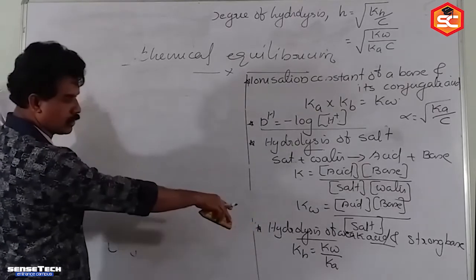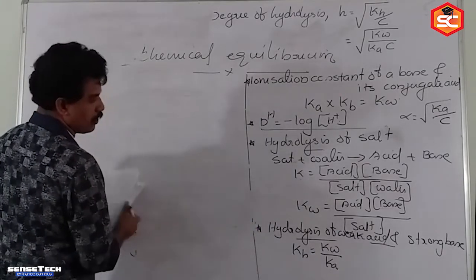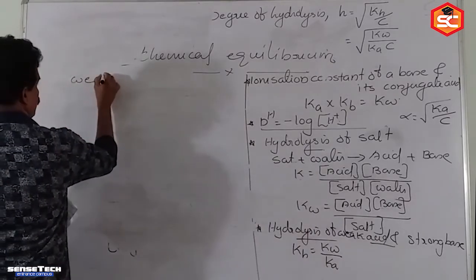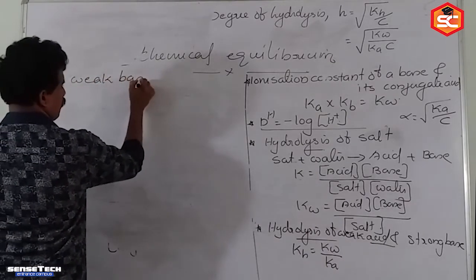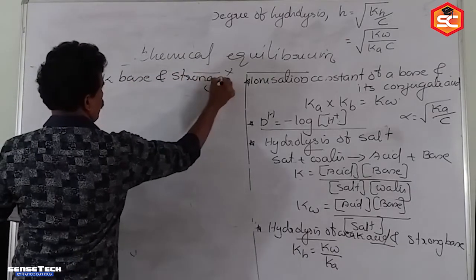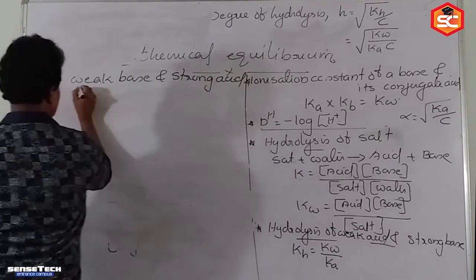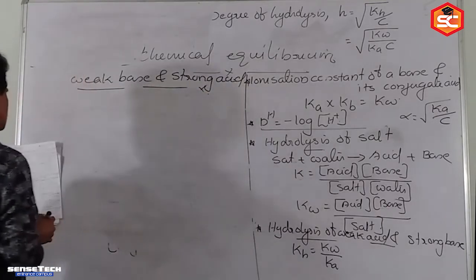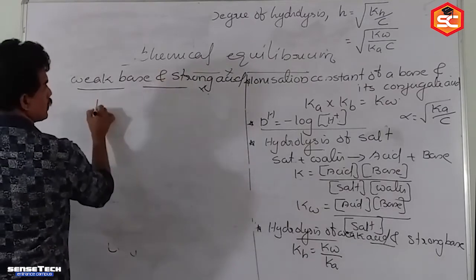Then the next case also, hydrolysis of strong acid, sorry, weak base and strong acid, that is the next option. What is the formula? H will be coming.